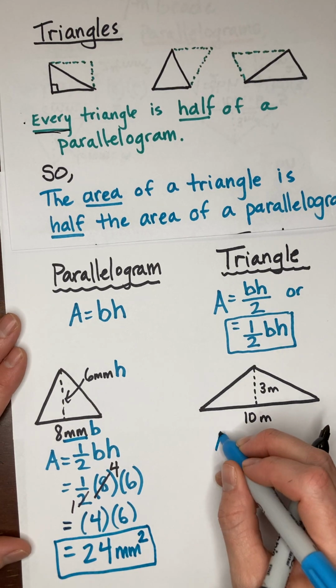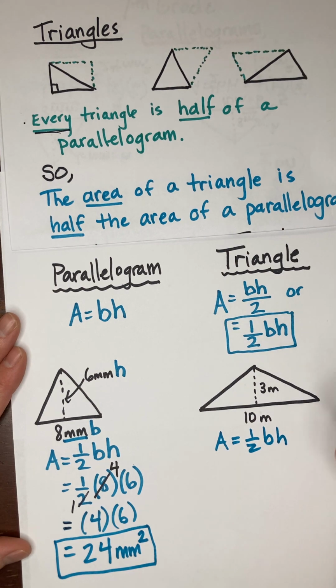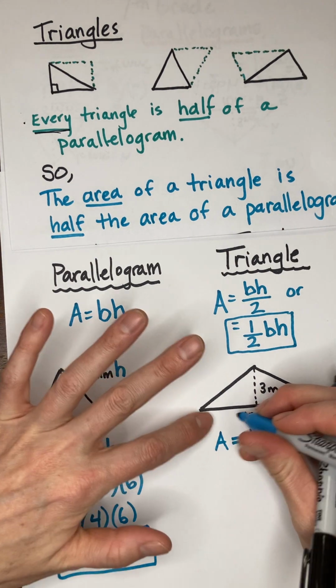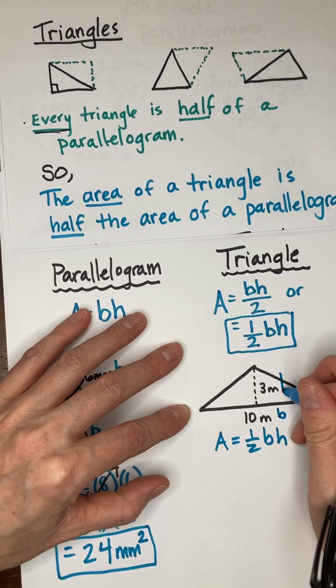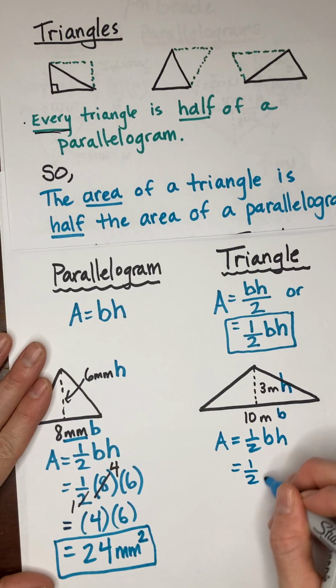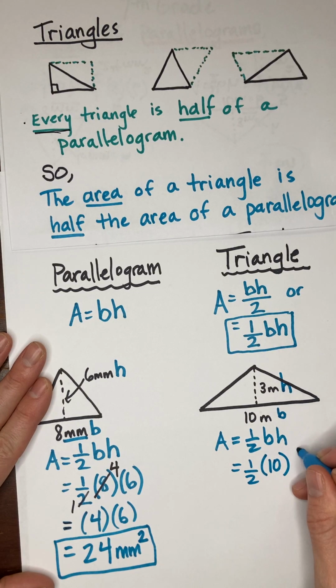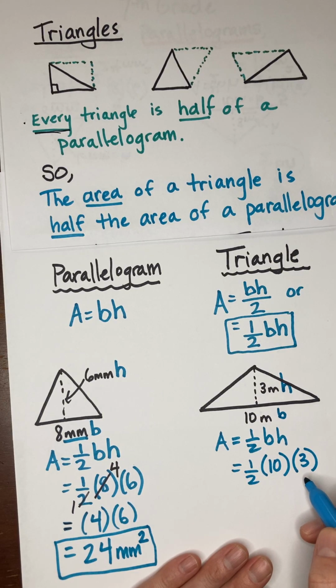Let's go over here. Again, I'm going to write my formula, 1/2 times the base times the height. What's my base? What's my height? Well, let's look. The base is the bottom of the triangle that it sits on. That's B. The height is the altitude. So let's write H. Now I can go ahead and substitute. 1/2 times 10 times 3. Okay, are either of these even that I can easily divide by 2?